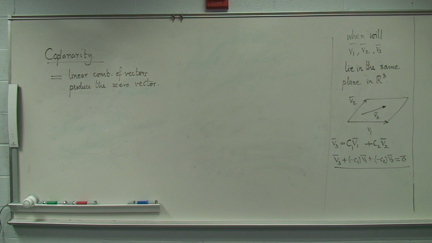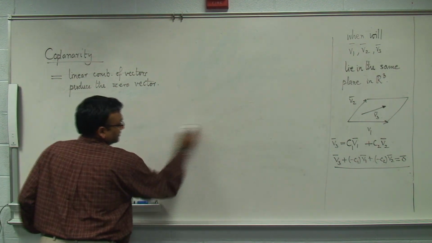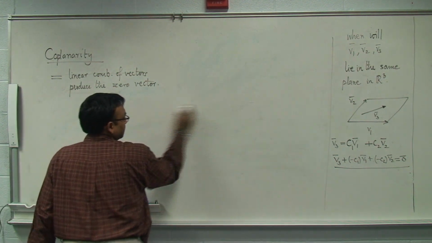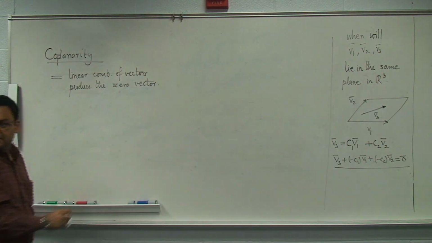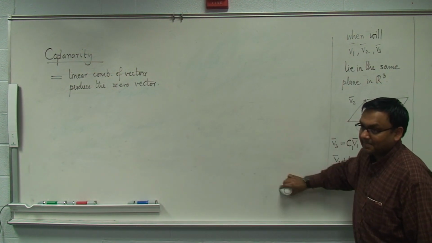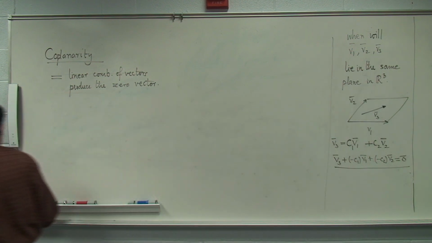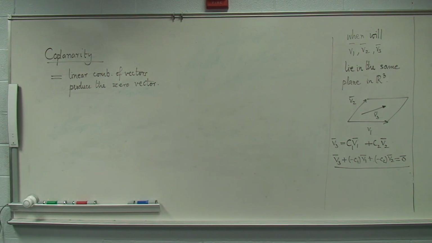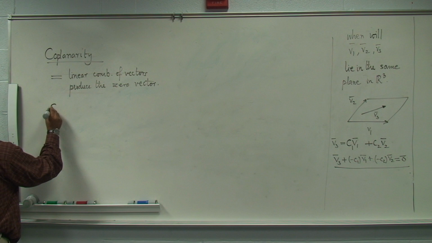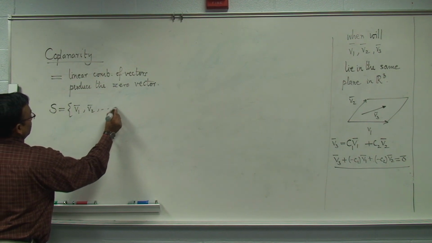So here is our first definition. So suppose we are given a set of vectors S: V1, V2, up to Vk.